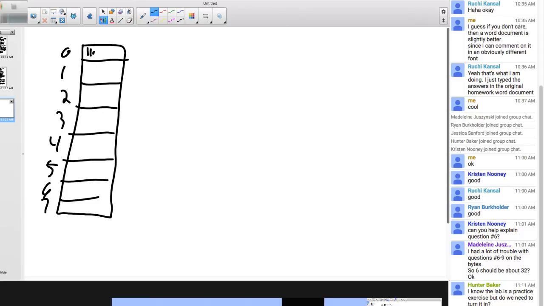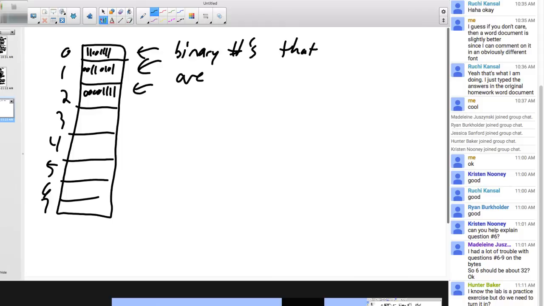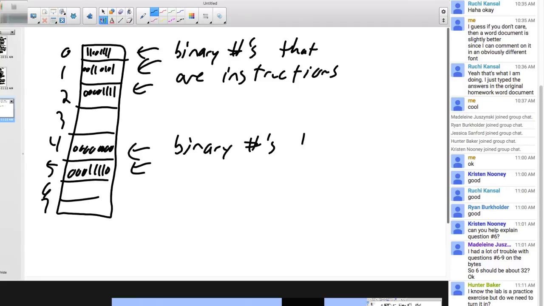Some of these numbers are binary numbers that are instructions. Some of these are binary numbers that are data. And they both sit in memory, the same memory, just at different locations. And it's up to the processor to keep track of what goes where. Okay?